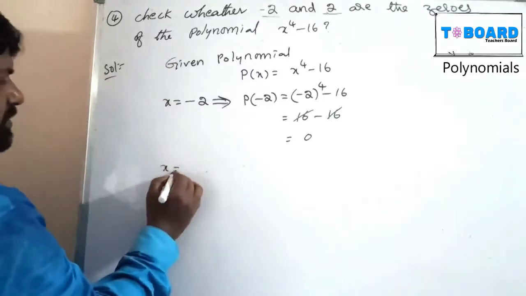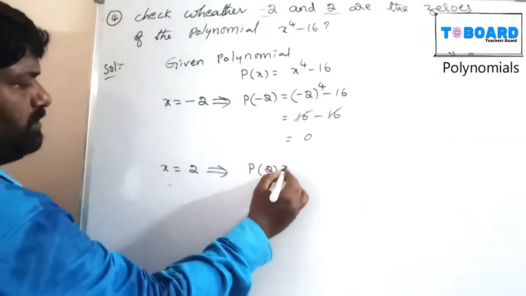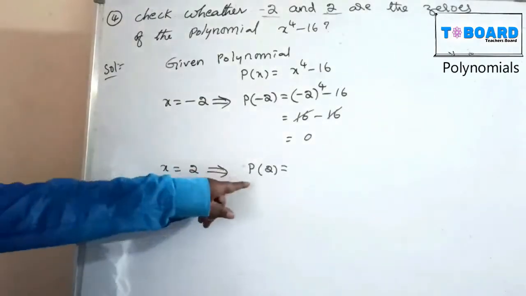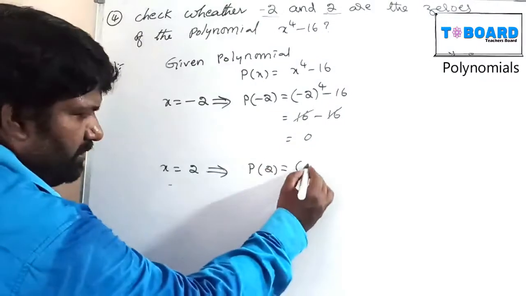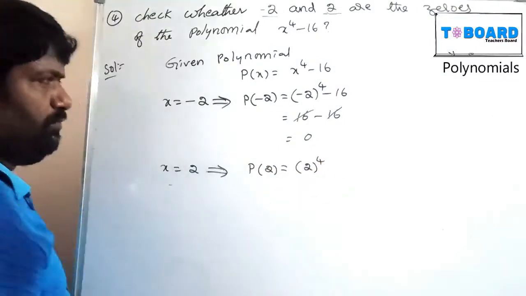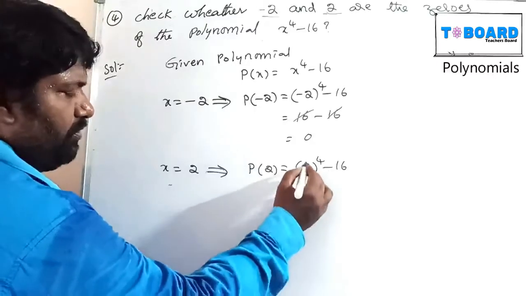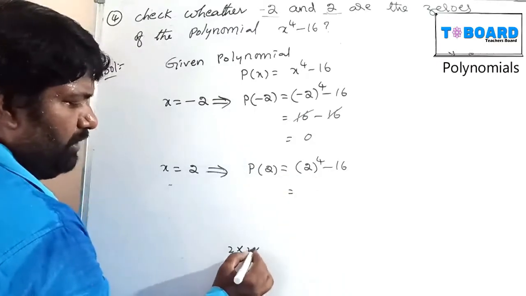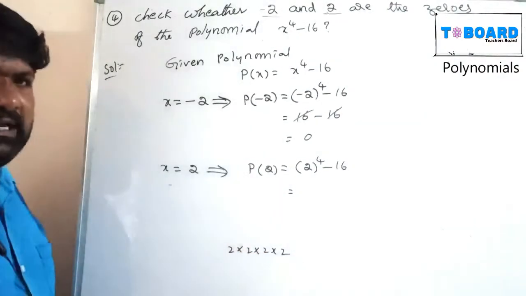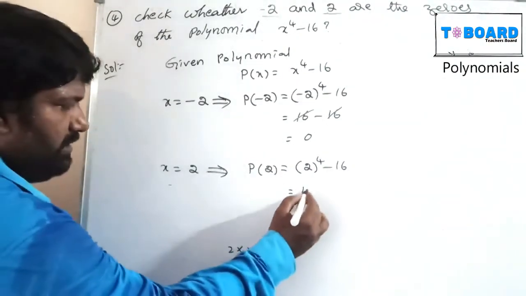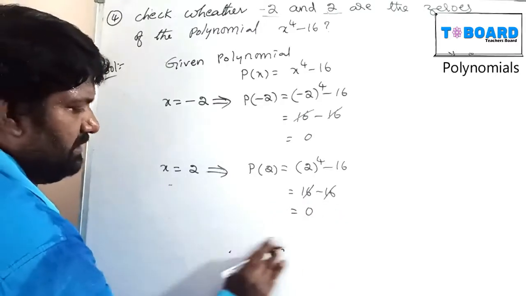If x equals 2, p of 2 equals, same, substitute this value, x equals 2, with the bracket also, 2 to the power of 4 minus 16. 2 to the power of 4 means 2 into 2 into 2 into 2. 2 2s are 4, 4 2s are 8, 8 2s are 16, minus 16, plus 16 minus 16, cancel, 0.